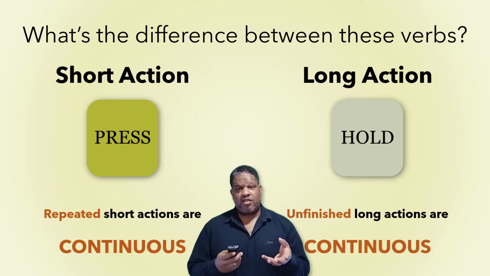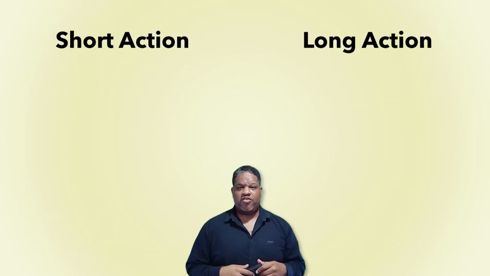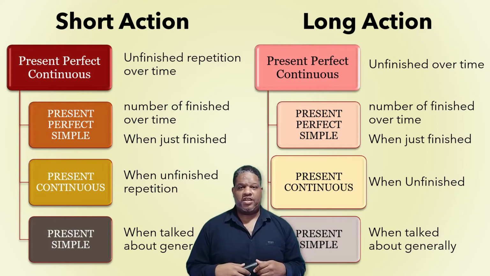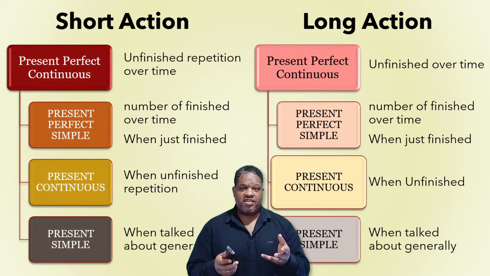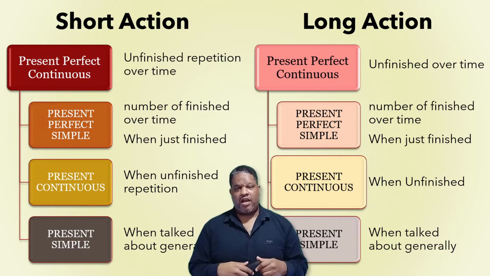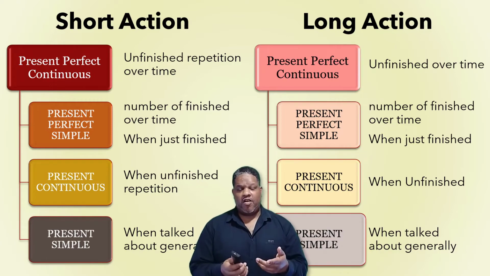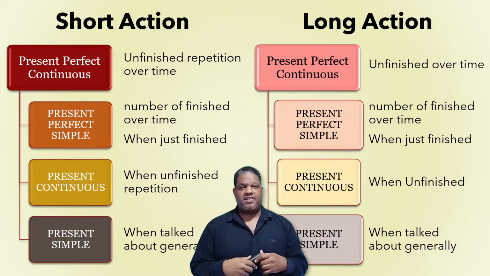So long actions are naturally continuous, but they're simple when we talk about them generally, when we talk about the repetition or the occasions that we do the long action. Or the number of times we have done the long action, then it's perfect simple.